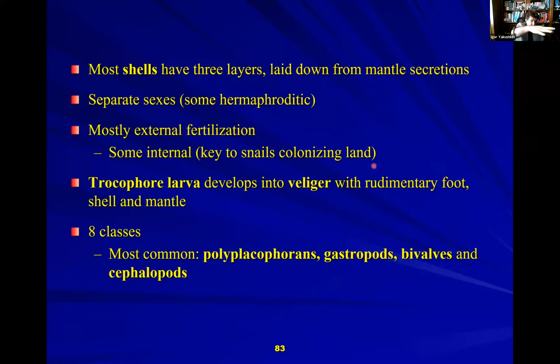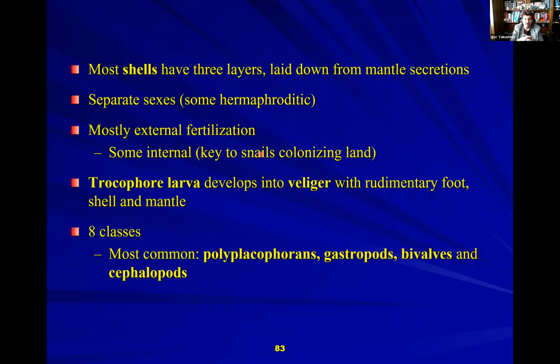Why? Sperm have to swim through the water. On dry land, not much water is available, so internal fertilization. Same idea as later on some of the vertebrates, starting with reptiles, came up with. They had to colonize the land. Amphibians started, but they still have to come back to the water for reproduction.